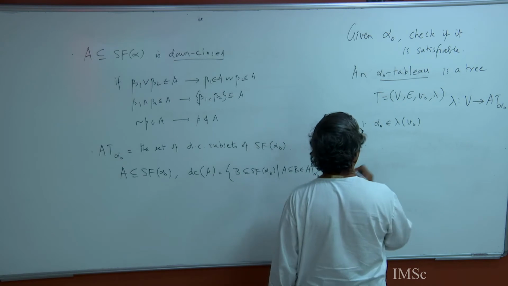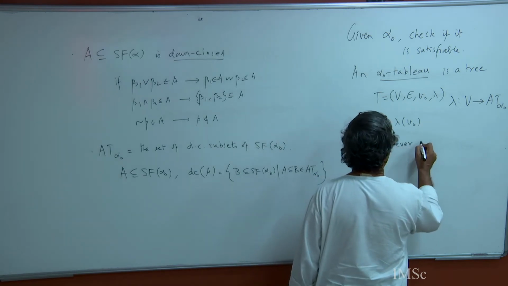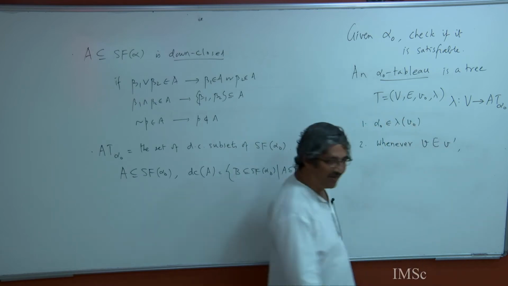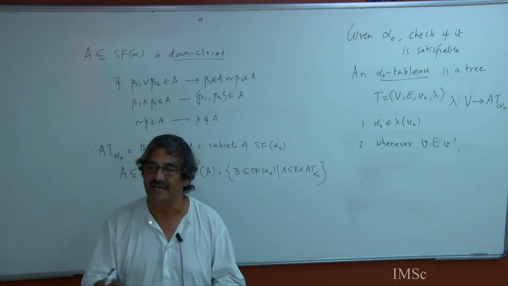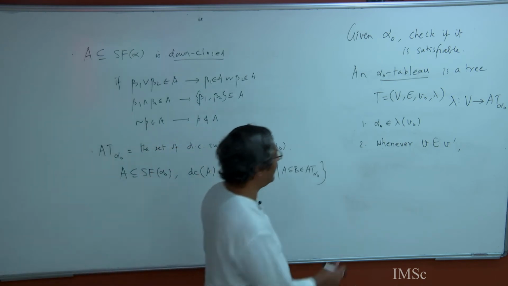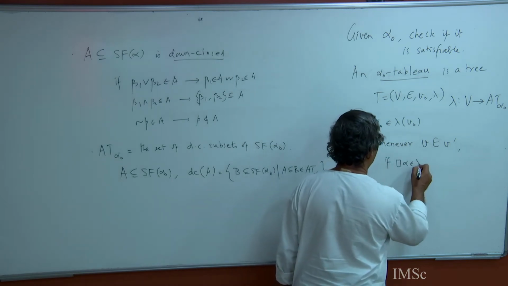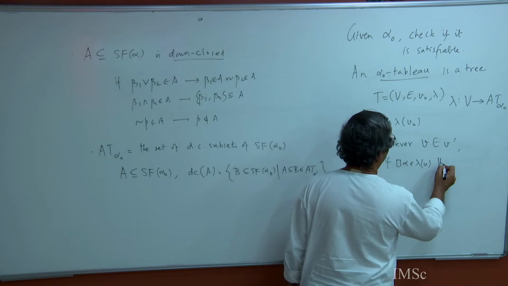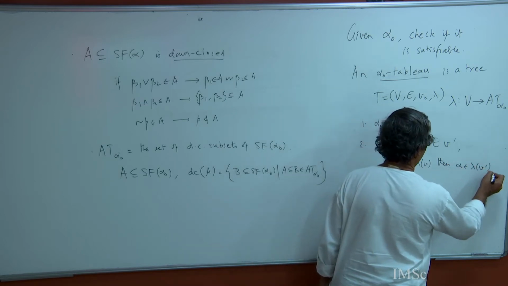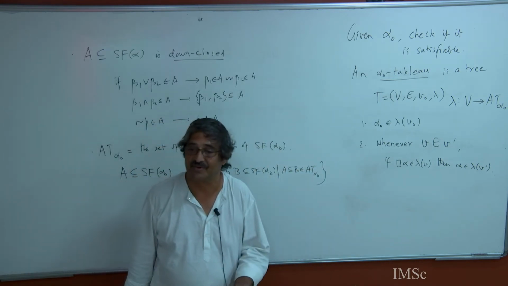Then, whenever there is a tree edge from a vertex V to a vertex V prime, some things that we want. Two: if box alpha belongs to lambda of V, then alpha belongs to lambda of V prime. And this is very natural, right?